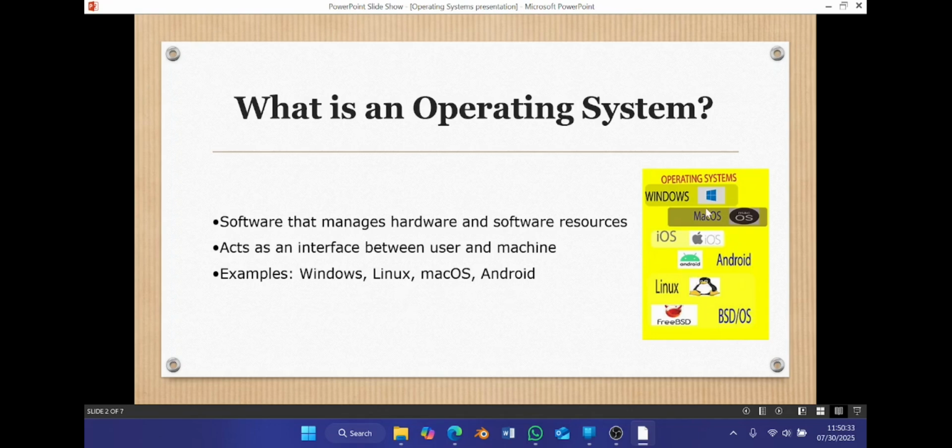To the right here, we have an image showing how Windows looks. Then we have Mac OS, then iOS for devices like smartphones, then Android for mobile phones, then we have Linux and the others.